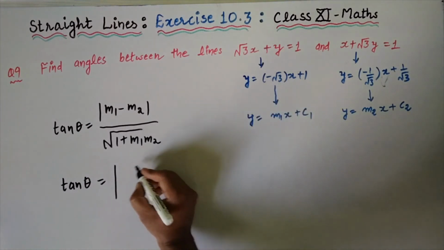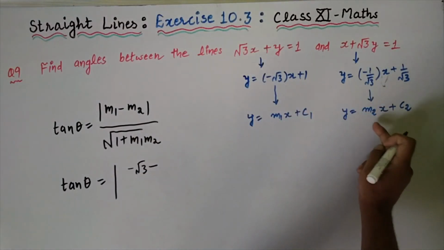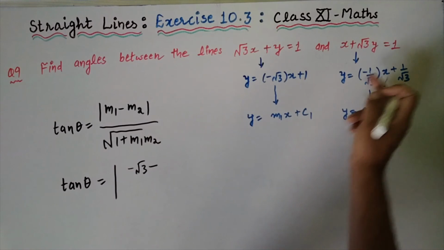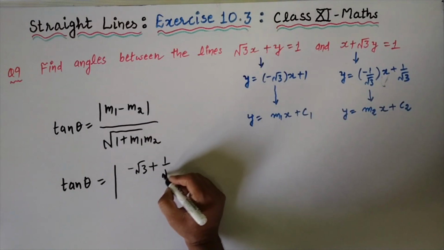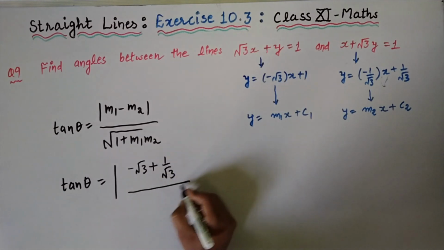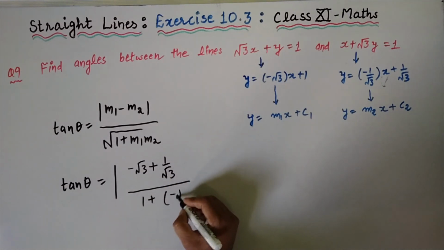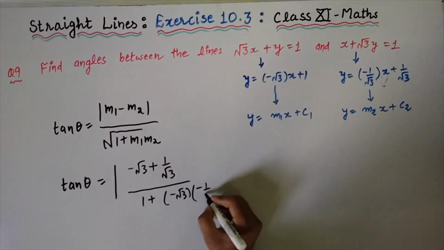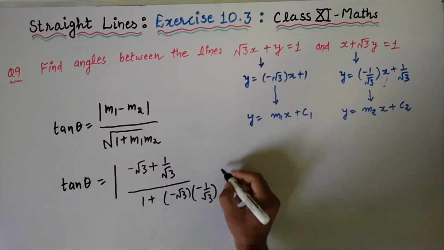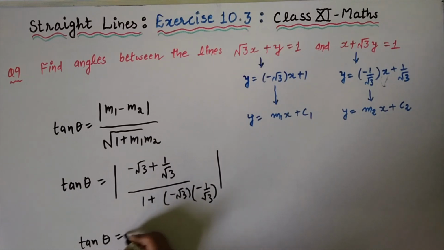So we have tangent of theta equal to modulus of m1, which is minus square root of 3, minus m2, which is minus 1 upon square root of 3, so this becomes plus 1 upon square root of 3, whole divided by 1 plus m1, which is minus square root of 3, into m2, which is minus 1 upon square root of 3.